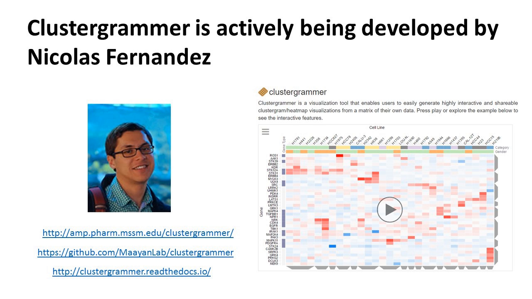He's still actively developing this data visualization gadget called Clustergrammer. And you can get the source code and documentation about Clustergrammer and how it can be integrated in your own tools and websites using those links that we will share.